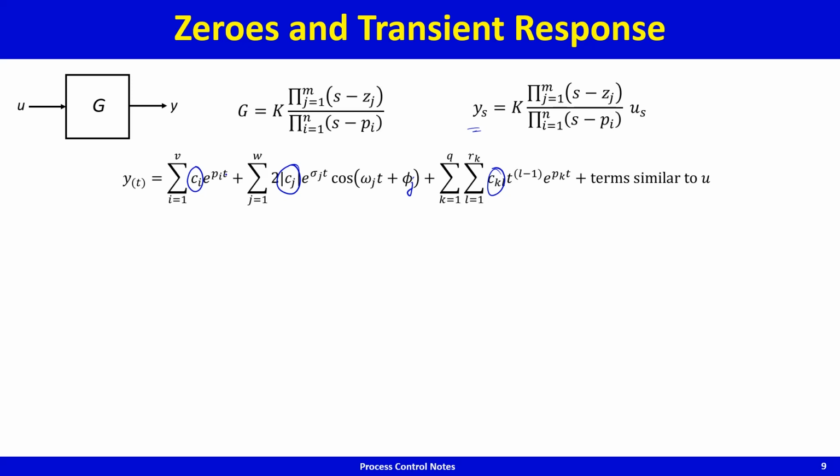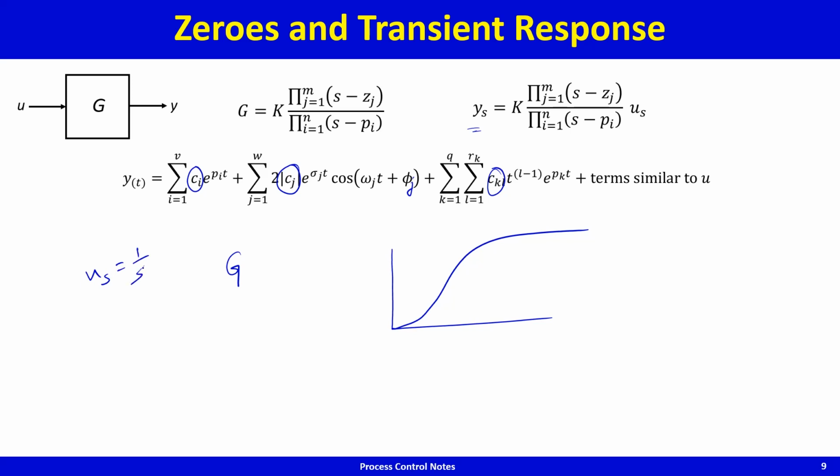And just to make a slight point, let us say I've got a dynamic system whose step response is like this. Okay, and this is the step response for a system whose transfer function was G, and let's say U(s) was 1/s.